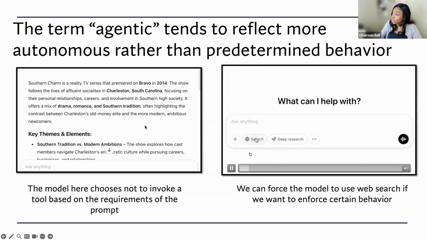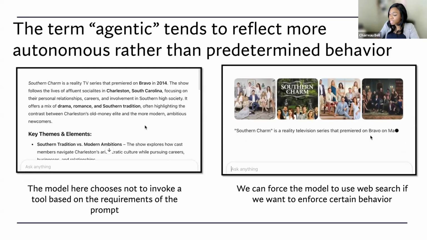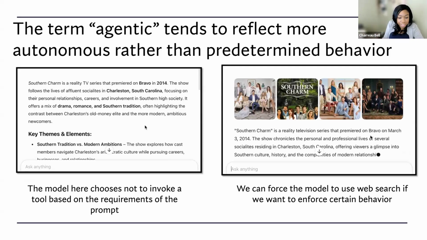But here we can also force it to use a tool. So this is a system where we are kind of forcing it to do something. So we've kind of removed its agency, even though this thing is sometimes falling under this idea of agentic AI, because it still uses tools, right? It used a tool to resolve this question and execute this task, but it didn't choose to use the tool.